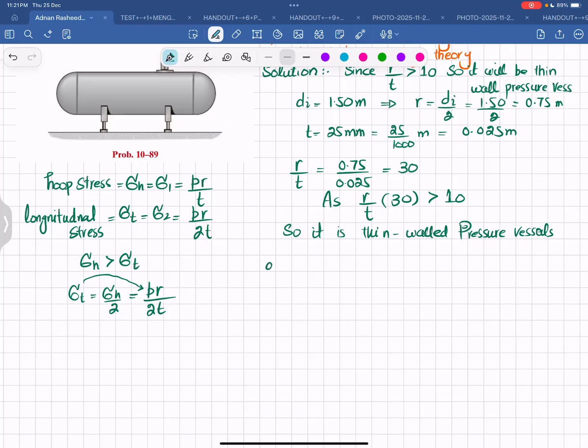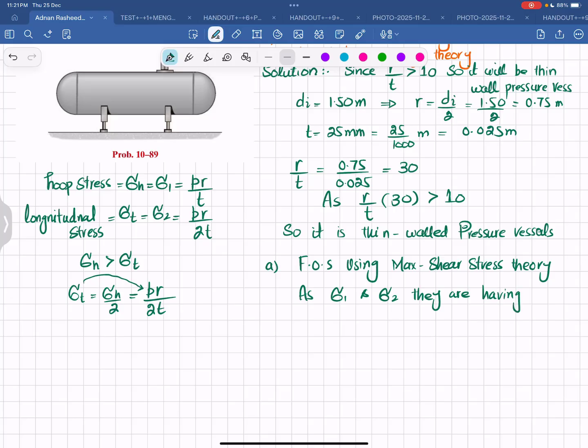So first we will find the factor of safety using maximum shear stress theory. As we know, sigma 1 and sigma 2 are both positive, they have the same sign, and sigma 1 is greater than sigma 2.